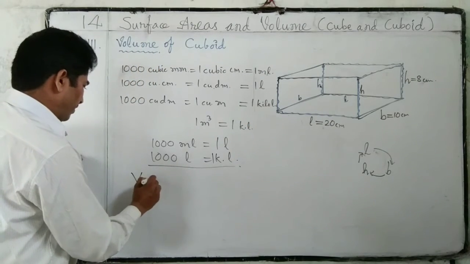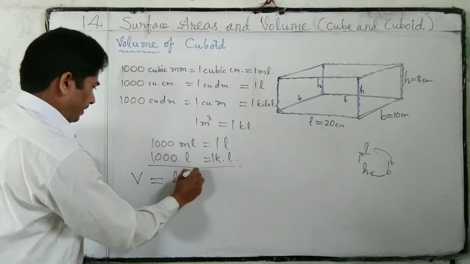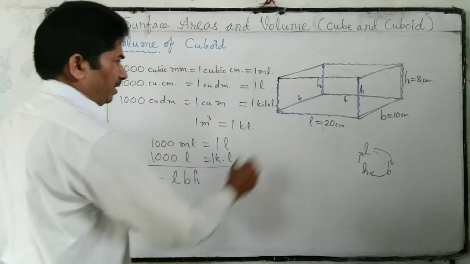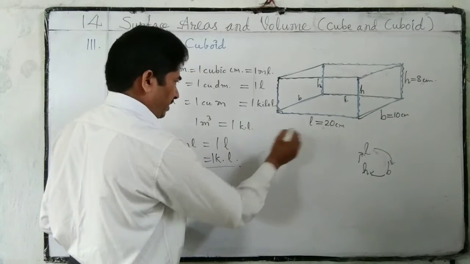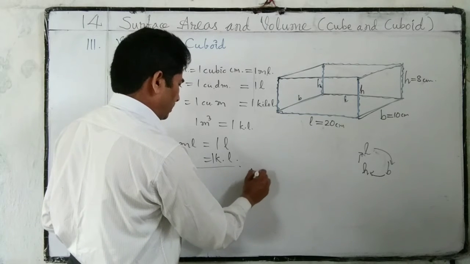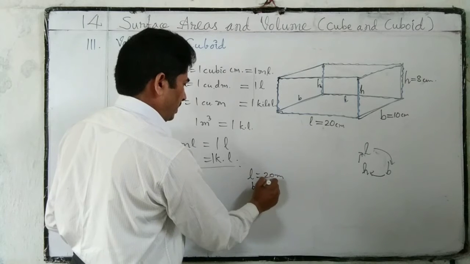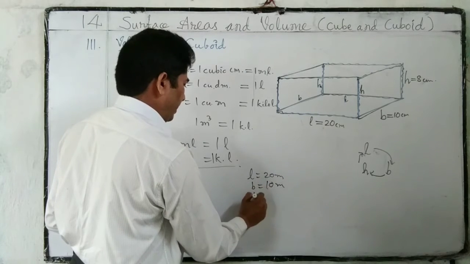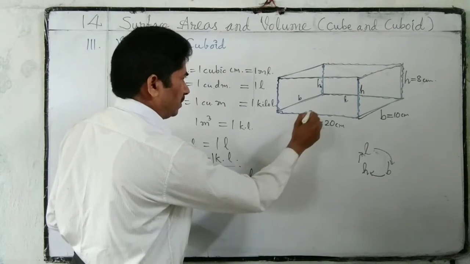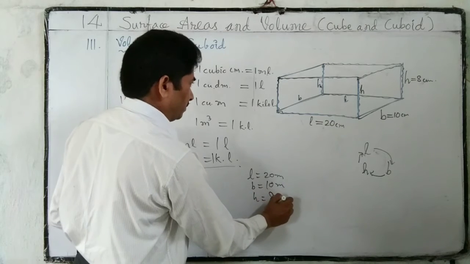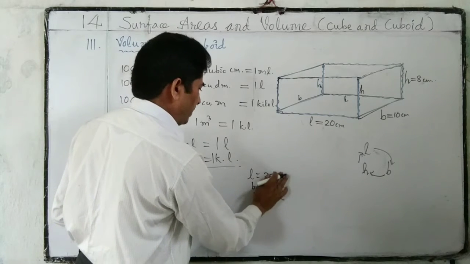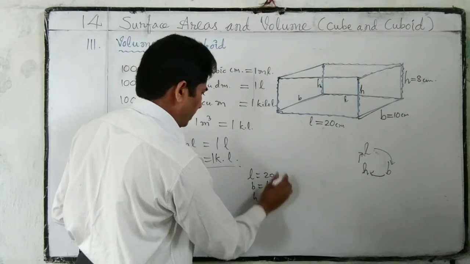Volume of cuboid V is equal to LBH. Here we have length 20 centimeters, breadth 10 centimeters, height 8 centimeters.